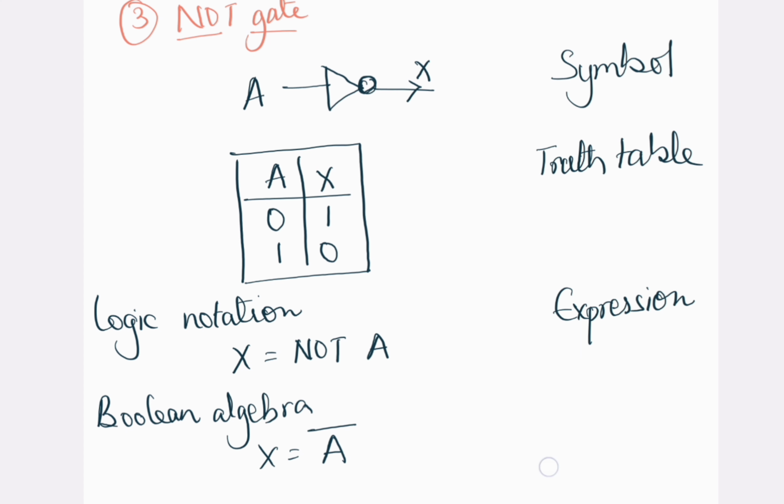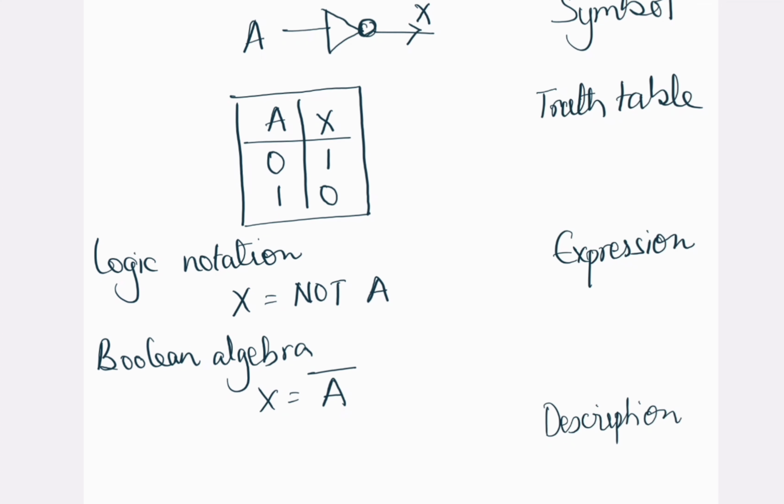Now let's look at the description. If you closely analyze the values, if A is 0, the output is 1, and if A is 1, the output is 0. So logically, it's the opposite. NOT. It's going to be the opposite.